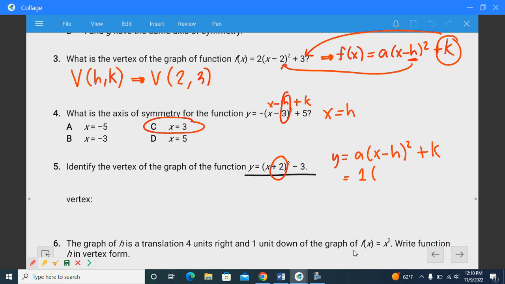Our x is positive 2, so it's x minus negative 2 squared plus 3. So what is our h?